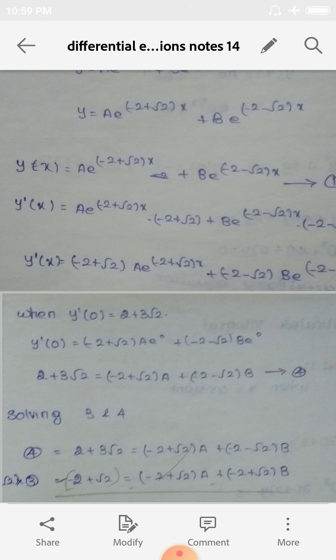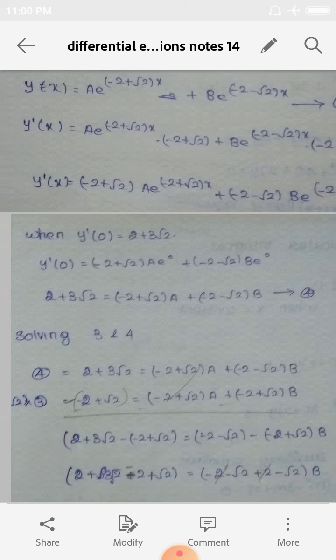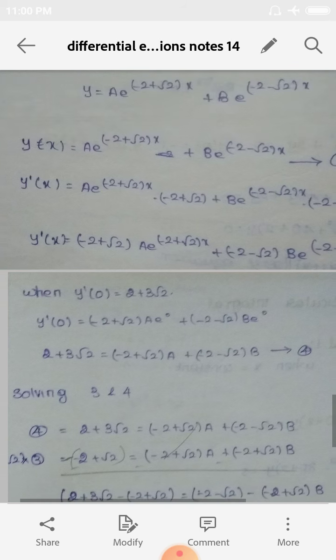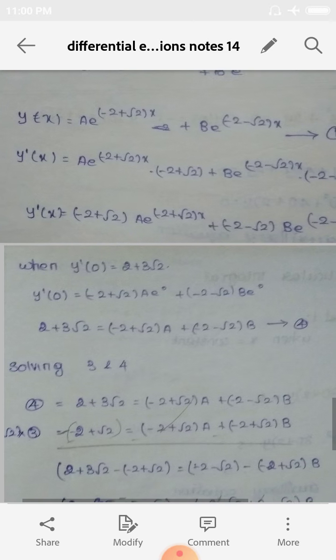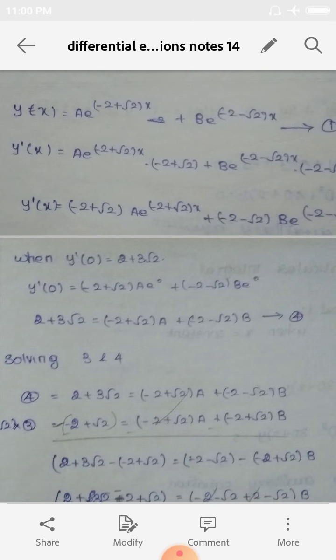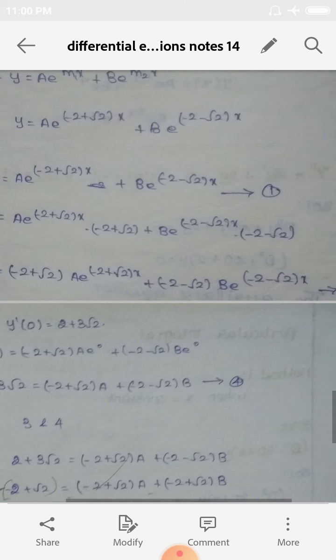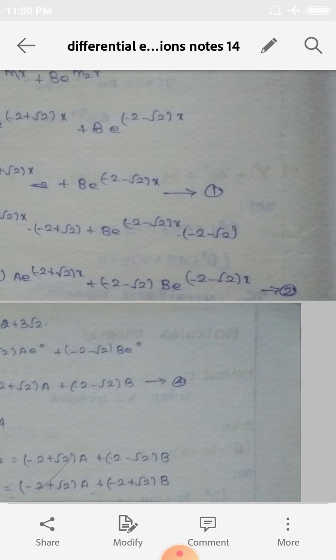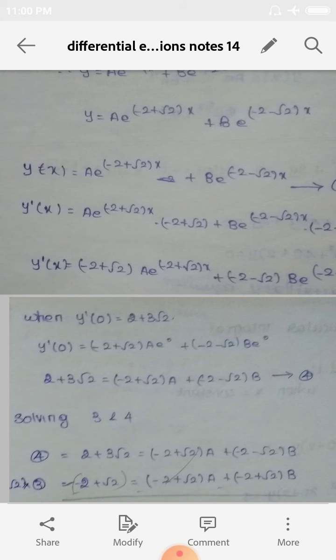So we get minus 1 is equal to a into e power 0 plus b into e power 0. That is equation number 3. And next, for the second condition, we substitute y dash of 0 is equal to 2 plus 3 root 2. So we get the fourth equation. So after finding equations 1 and 2, find the third equation and then find the fourth equation.